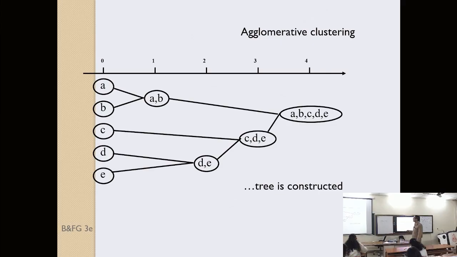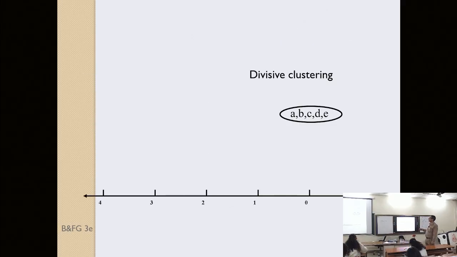The other is divisive clustering, where you are given n objects and you want to partition this full set into two so that they are maximally different from each other. Divide into two so that they are maximally divergent, and do it recursively.